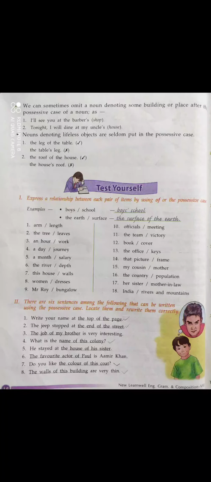Like, leg of the table is right, but table is a lifeless object, so we cannot use the possessive case with table. So the table's leg is wrong. Now the roof of the house is right, but we cannot say the house's roof, because house is a lifeless object, an inanimate object. So we cannot use apostrophe s or the possessive case with inanimate or lifeless objects.